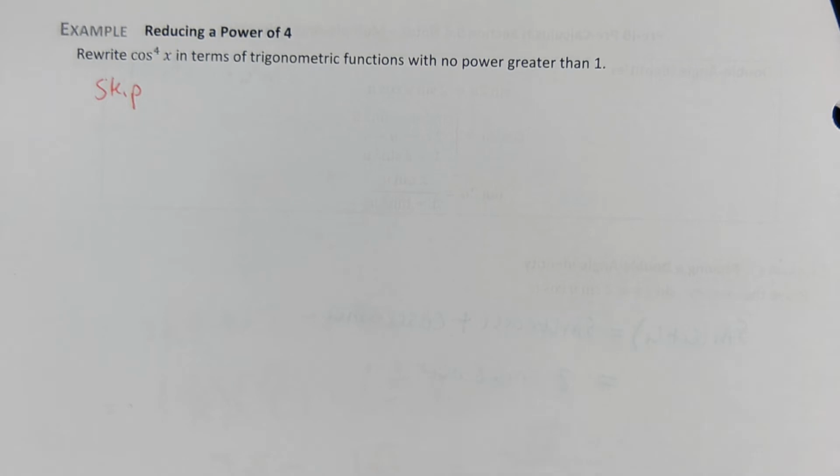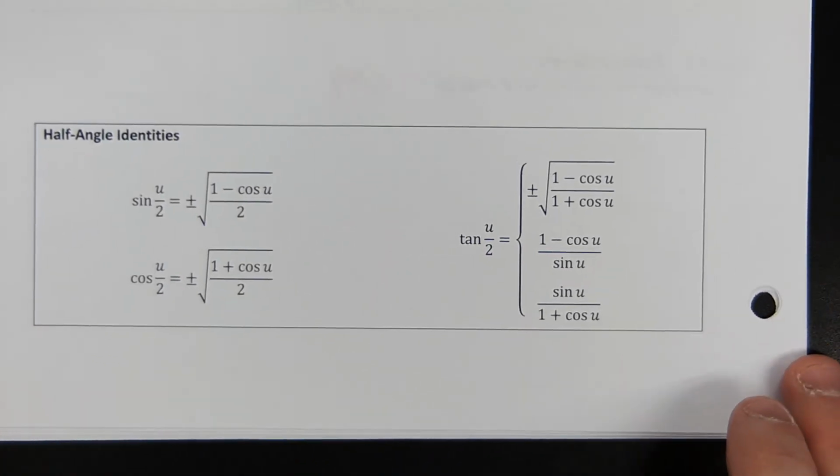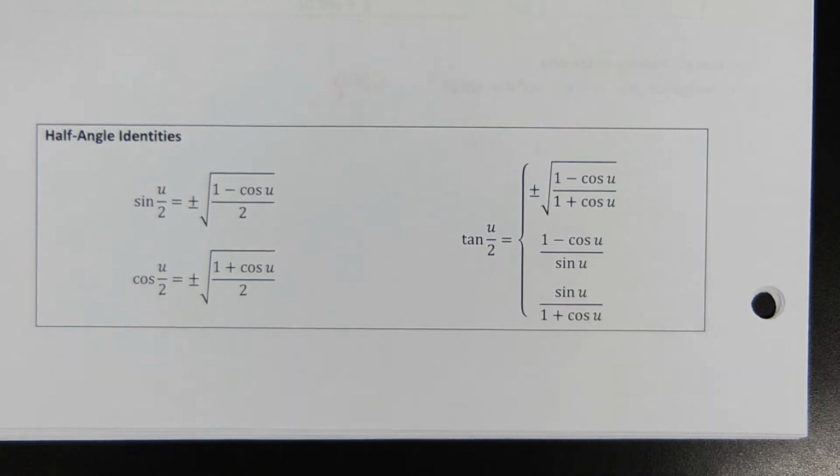So we got the double angle identities that are important, and I'm going to have you use them, and you're going to be finding the measure of double angles by hand. And then we have something really special for you, the half angle identities. Now the half angle identities can be derived by using the double angle identities and the power reducing identities that were on the first side of the paper.